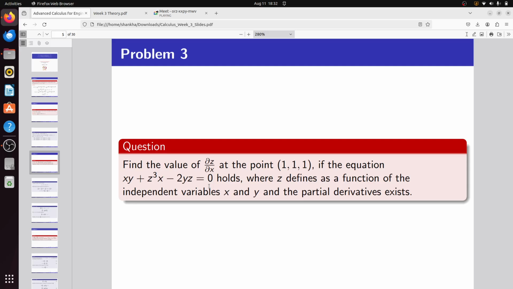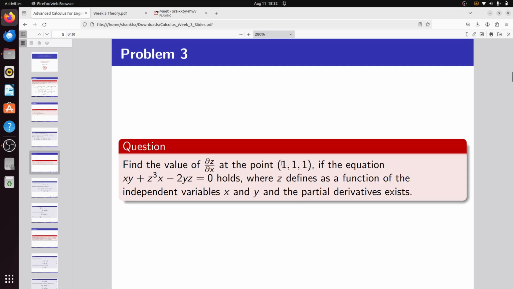So what is your problem here? The problem here is that when x is 1 and y is 1, then z should also be 1.